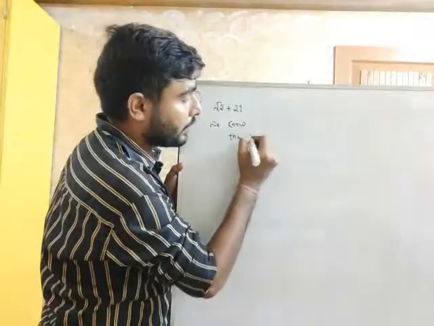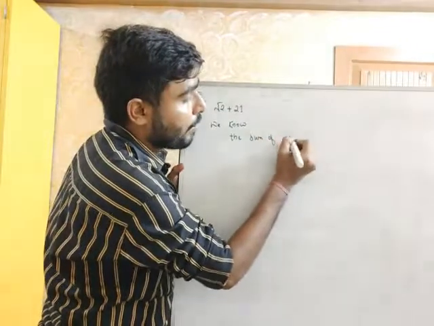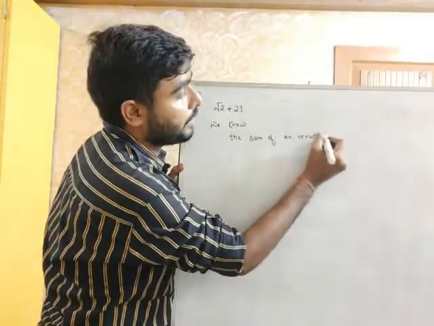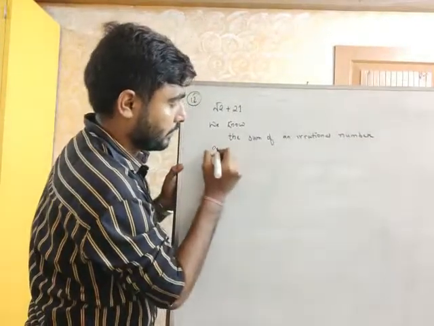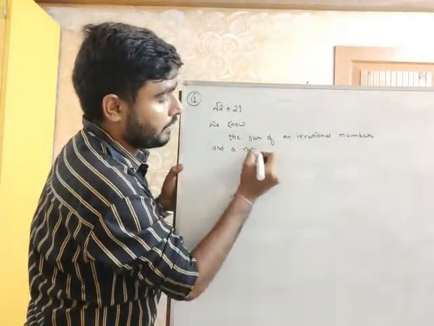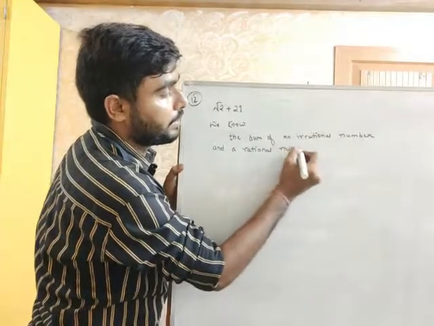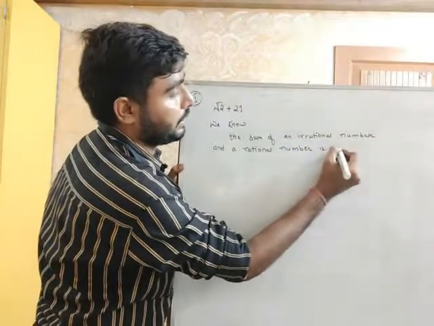So we know the sum of an irrational number and a rational number is irrational.